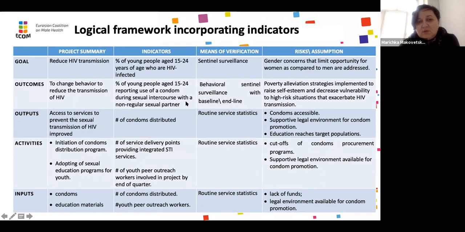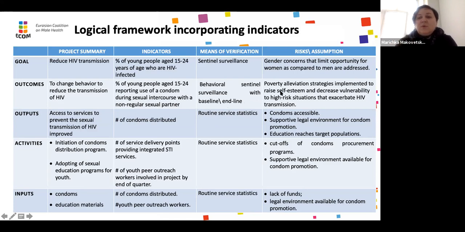I decided to measure whether they use condoms with a regular partner or not, but for me it was important to see if with non-regular partners they are still using condoms. The means of verification would be a behavioral surveillance survey with a baseline and end line, which means before I initiate my interventions and activities, and after, when I measure the difference.